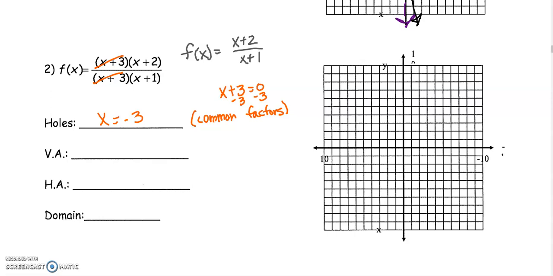So now we're going to do our vertical and horizontal asymptotes from our simplified function. You can start by setting your denominator equal to 0. So x plus 1 equals 0, so x is equal to negative 1.